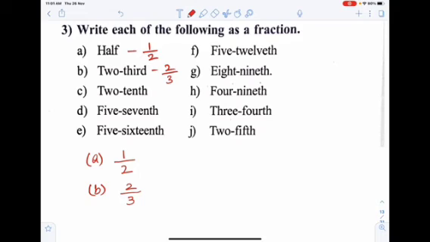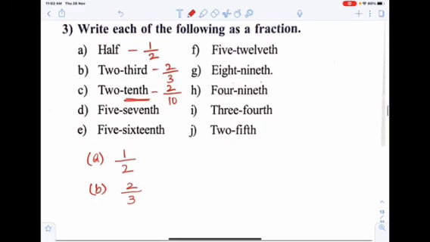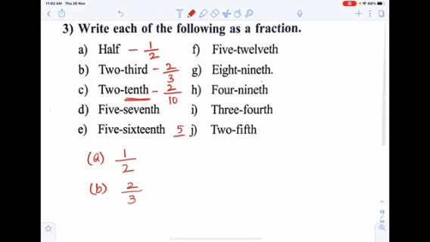Okay. Then 2/10. See, the second number, whatever is being represented in words, is always the denominator. So I can write it as 2 by 10. Okay. Now 5/7 is nothing but 5 by 7. 5/16 is nothing but 5 by 16. Okay.